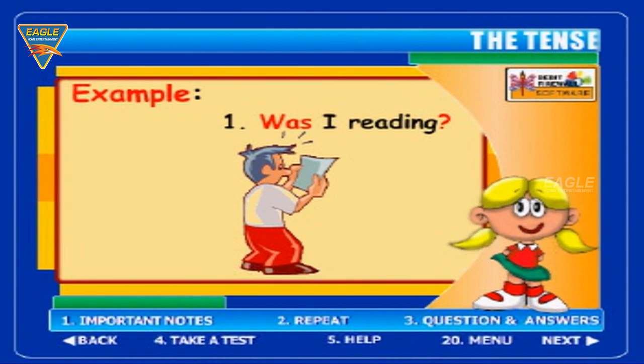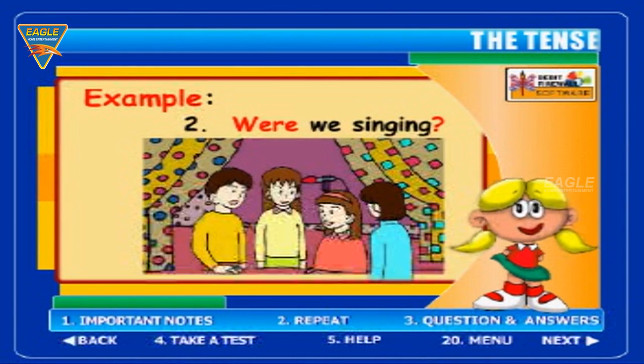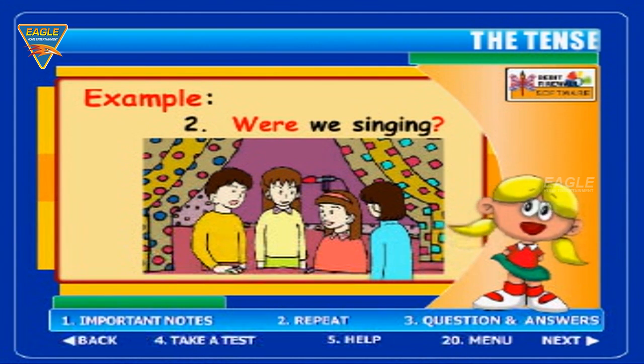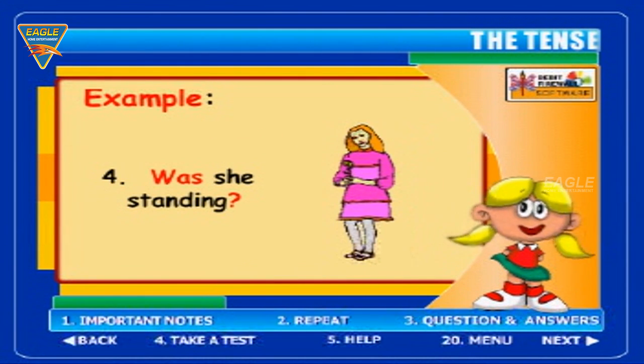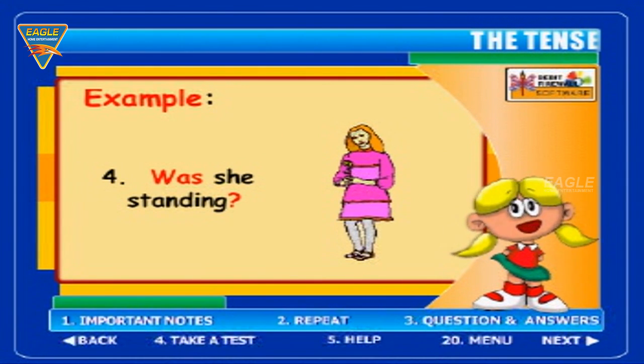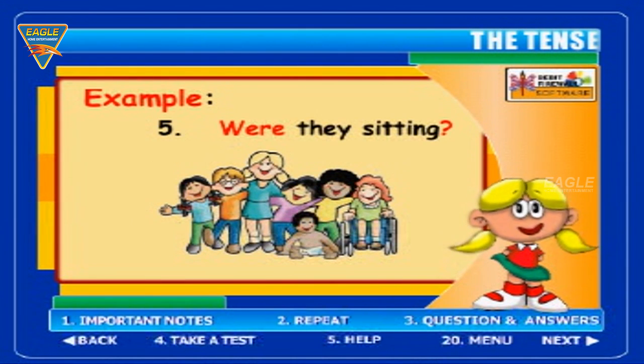Example: was I reading? Were we singing? Were you playing? Was she standing? Were they sitting?